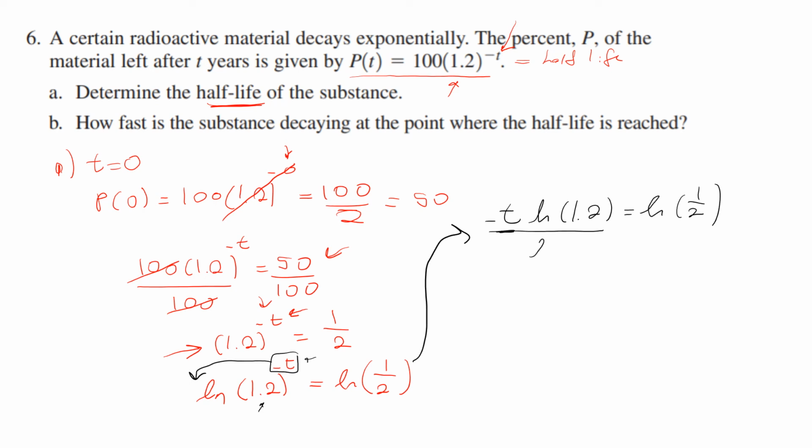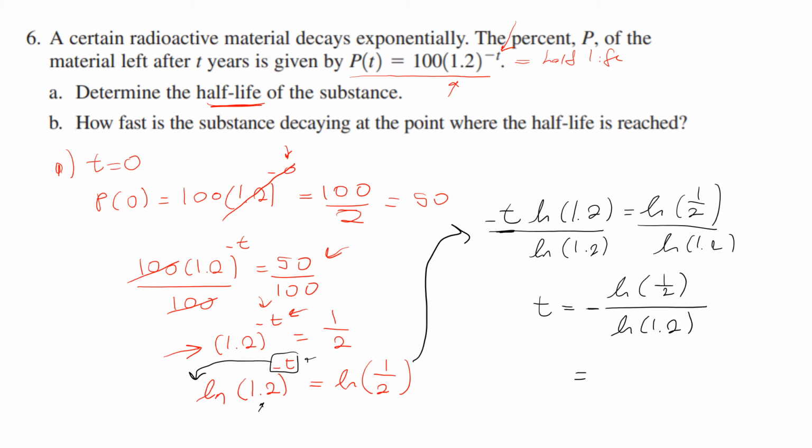I can divide both sides by ln 1.2, and I'm going to get negative t equaling ln(1/2) over ln 1.2, and I'm going to bring that negative over here to get rid of this negative. And my value, if you put it into your calculator, is going to end up being 3.8. And because my t represents years, that's going to be in years as well.